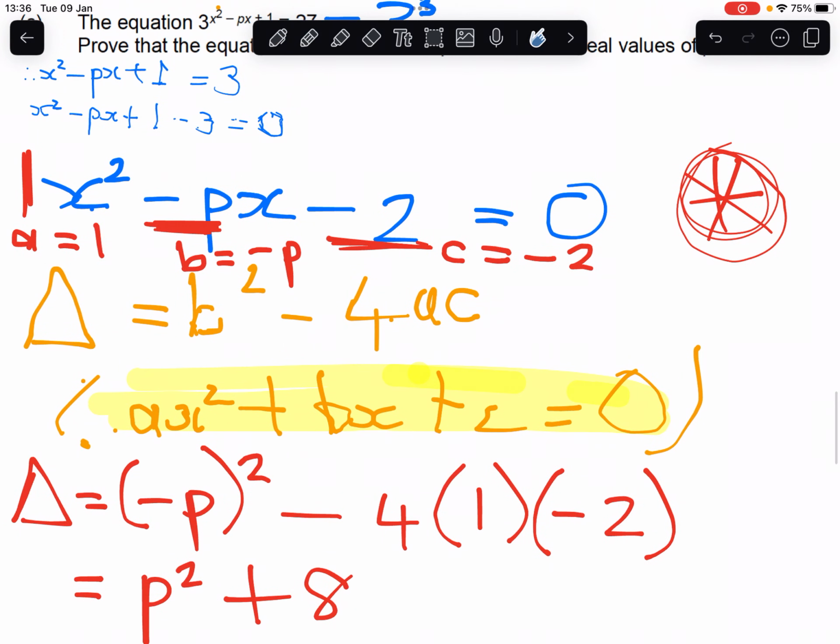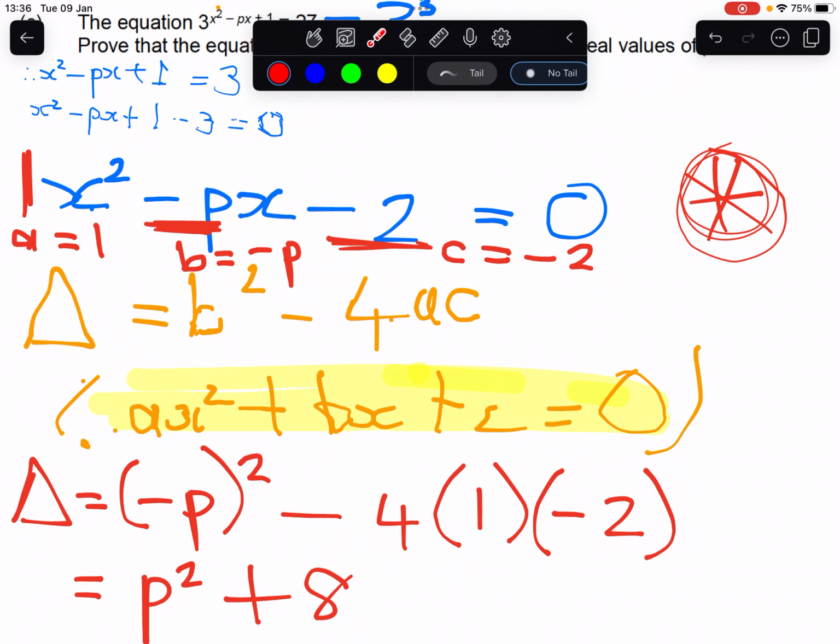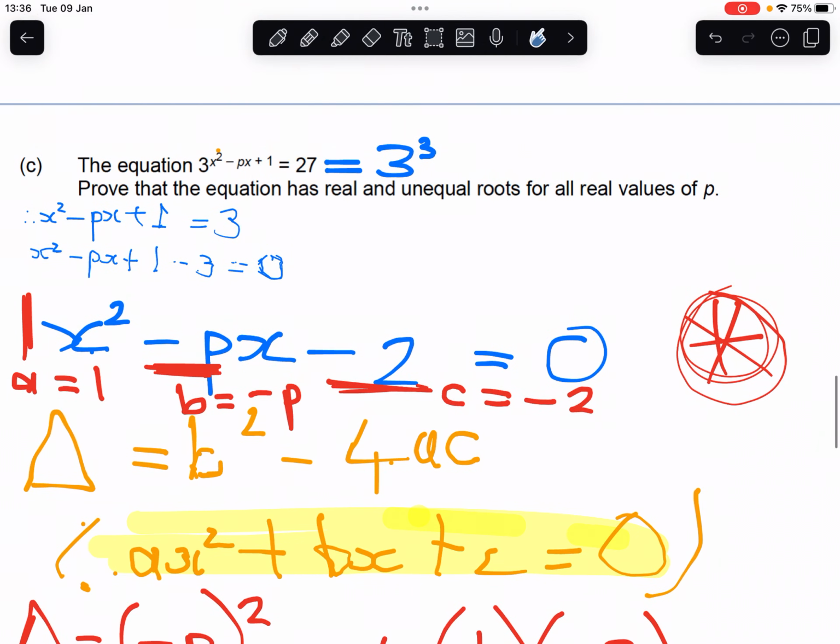No matter what p you choose, the discriminant is always going to be a number that's bigger than 0. And therefore, what does that tell us about the solutions for this quadratic equation? It tells us that there will be 2 of them, and they will be distinct. They will not be equal, which proves the point that we were asked to demonstrate.